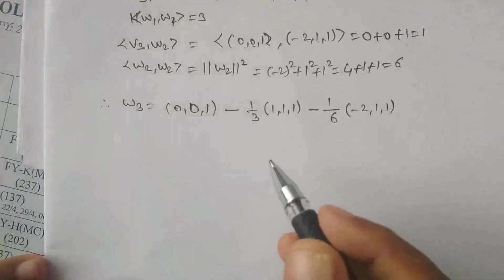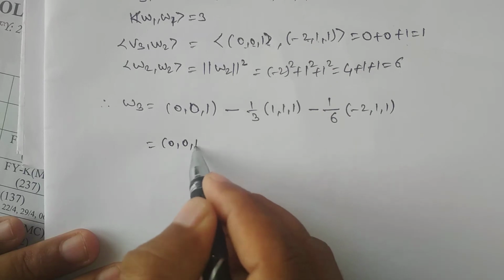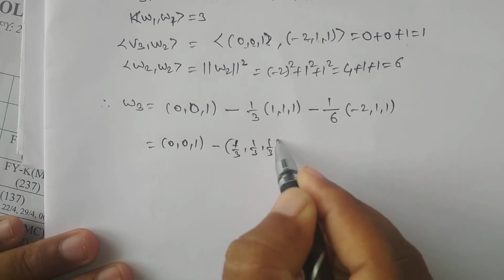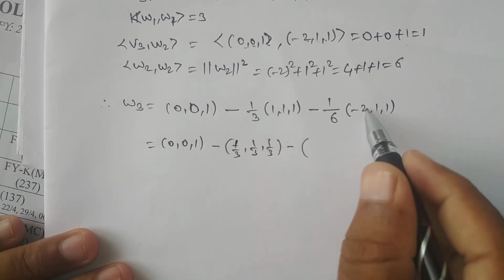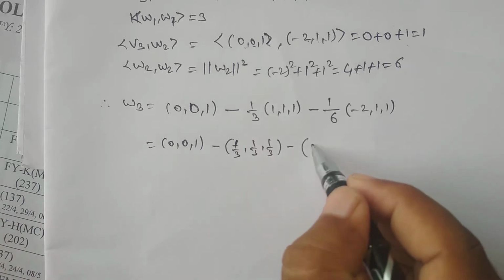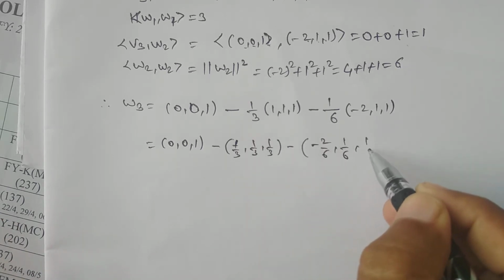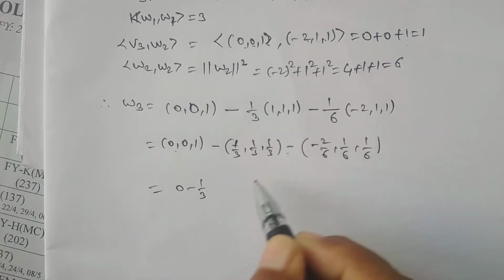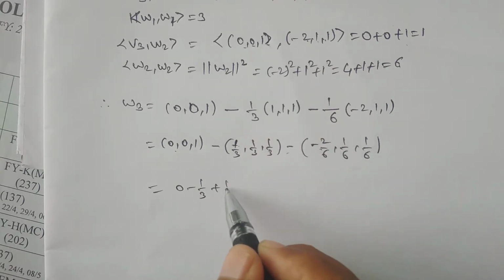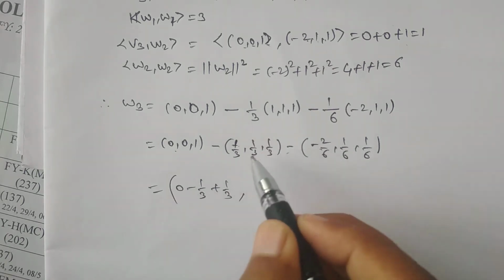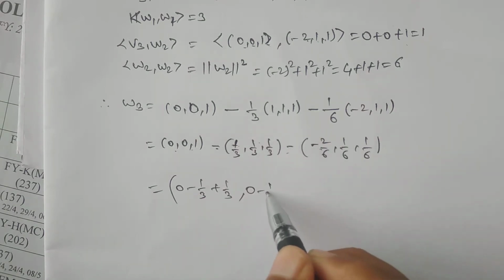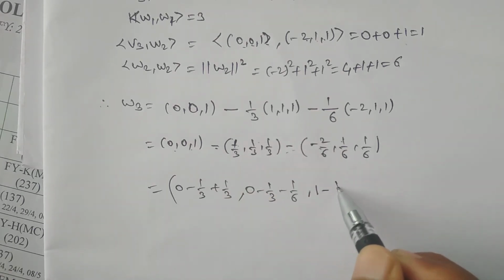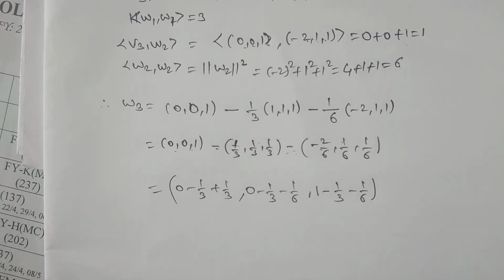So solving this, we get the first vector (0, 0, 1) as it is, minus the second vector (1/3, 1/3, 1/3), minus the third vector (-2/6, 1/6, 1/6). So this is 0 minus 1 by 3 plus 2 by 6, that is 1 by 3. This is the first element. Then 0 minus 1 by 3 and minus 1 by 6. And the third element 1 minus 1 by 3 and minus 1 by 6.